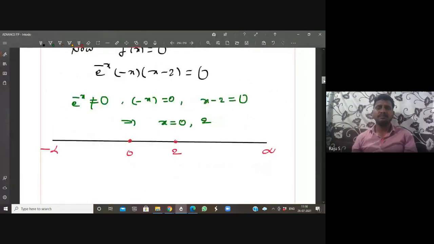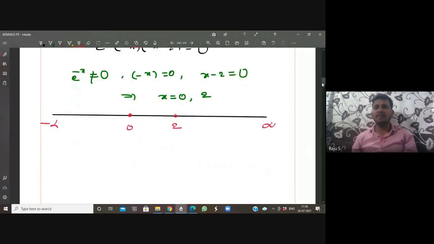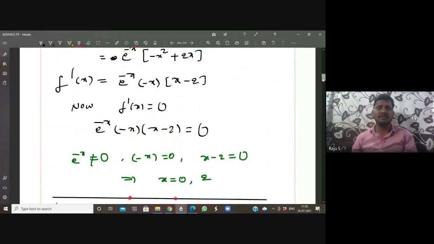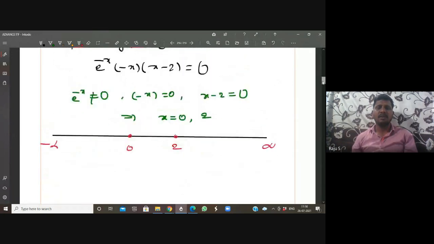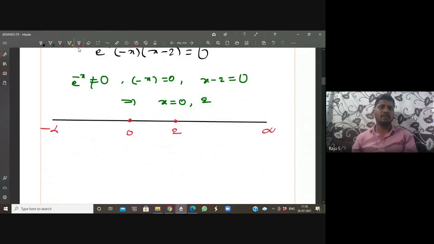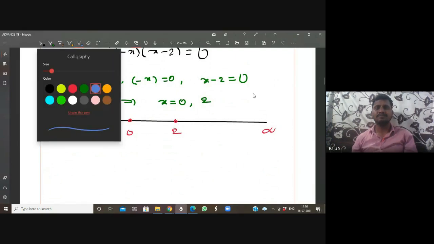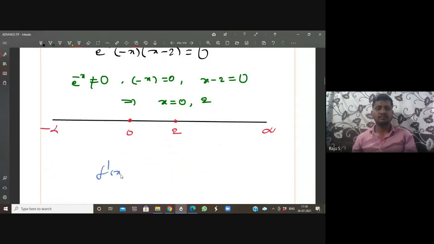Right. Now we have to check whether f dash of x is less than 0 or greater than 0 in the given intervals. Before that, tell me what is f dash of x here? F dash of x is e power minus x into x into (x minus 2). Okay, students, now from 2 to infinity, whatever the function is, is it less than 0 or greater than 0?